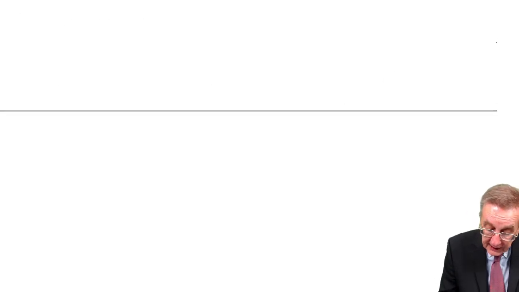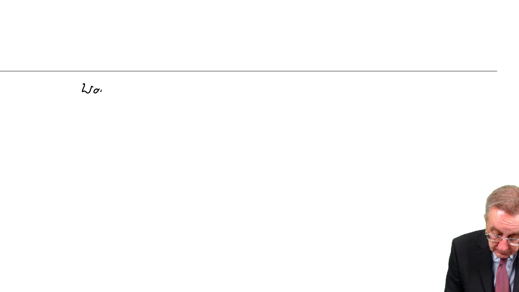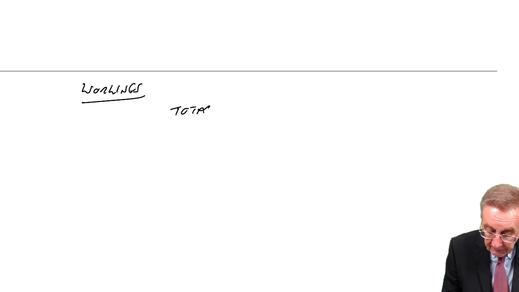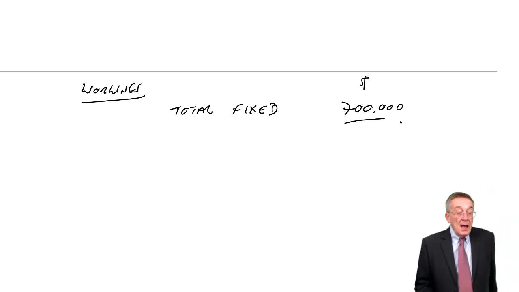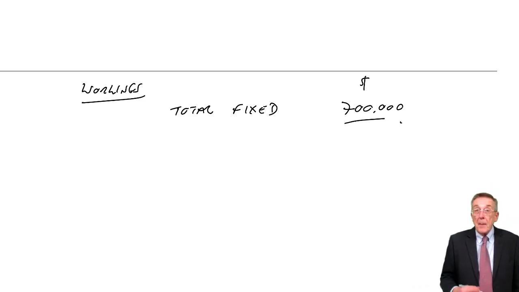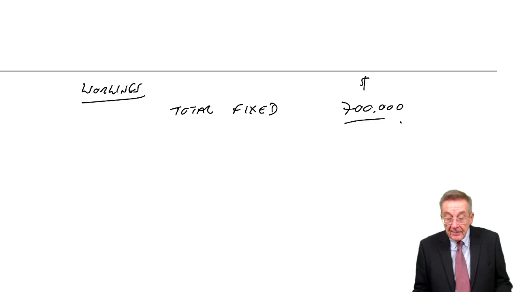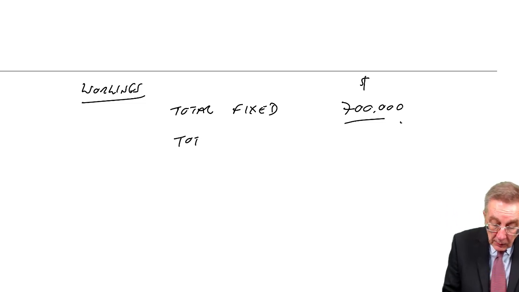We are going to need some workings. We know what the total fixed costs are, 700,000 for the year. I want to work out how much it's costing per hour. So let's work out how many hours we expect to work.